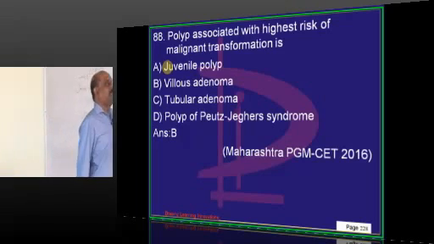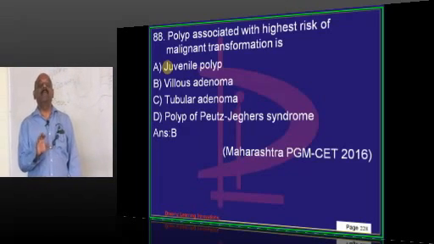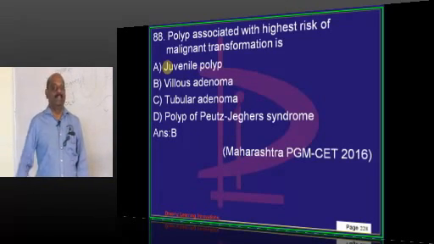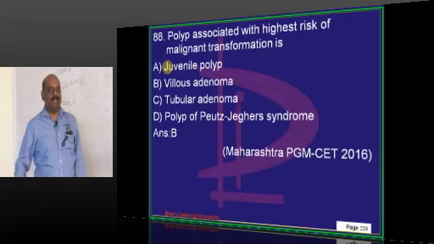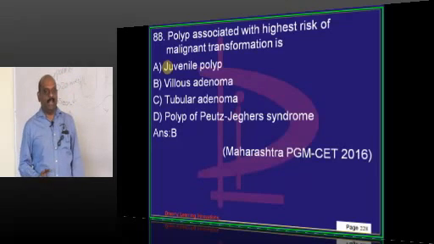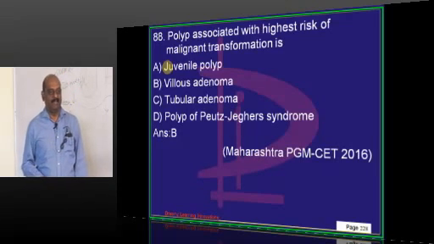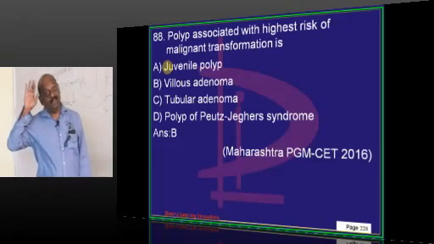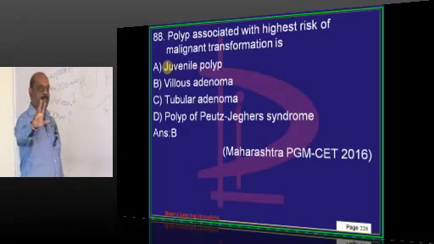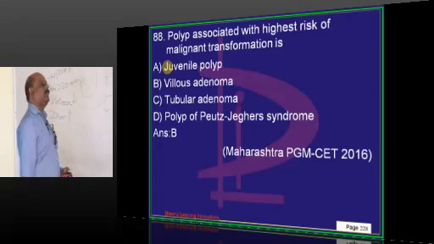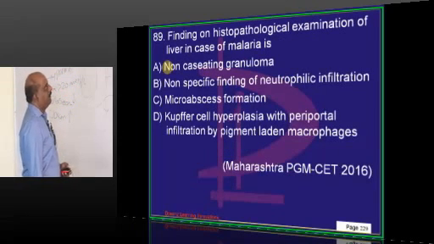That question is, Peutz-Jeghers hamartomas, are they malignant or not? There is one more MCQ. By nature, a hamartoma is not malignant, but Peutz-Jeghers is precancerous. But that is a different area where confusion is there that you brought here. If villous adenoma is there, jump and answer that it is the most pre-malignant.